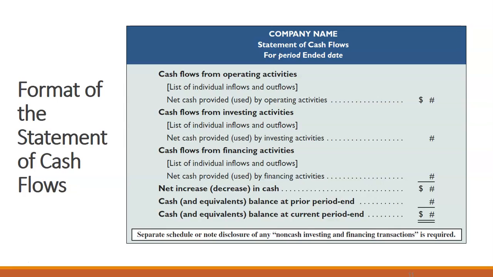We then have the net increase or decrease in cash. We have the cash from our prior period, so beginning cash plus or minus our net increase or decrease in cash is our current cash and cash equivalents at the end of the period.